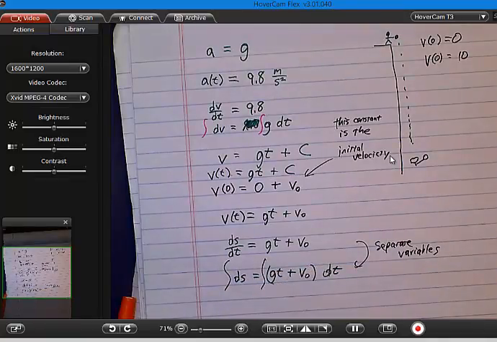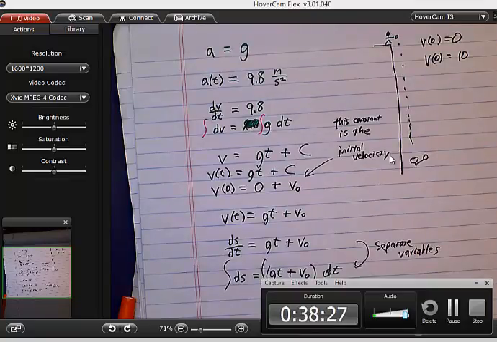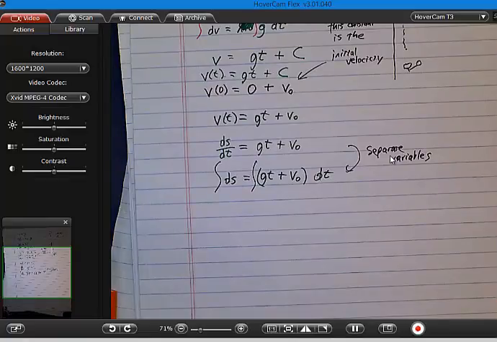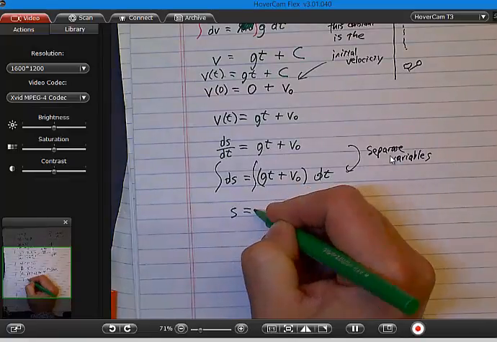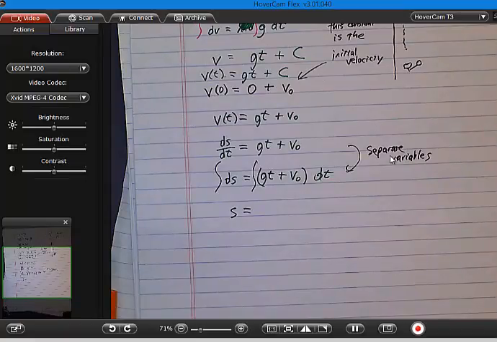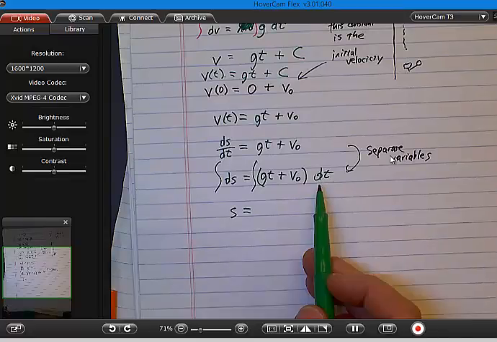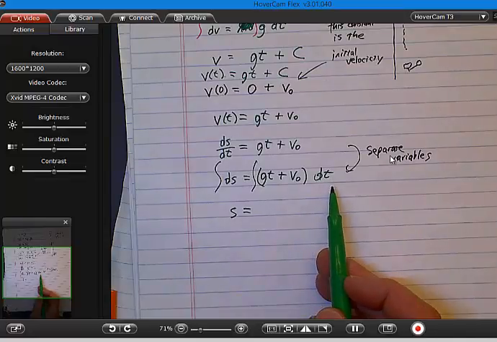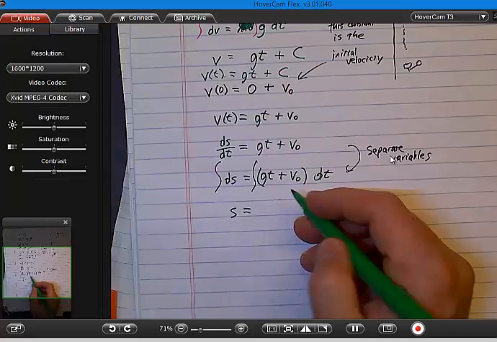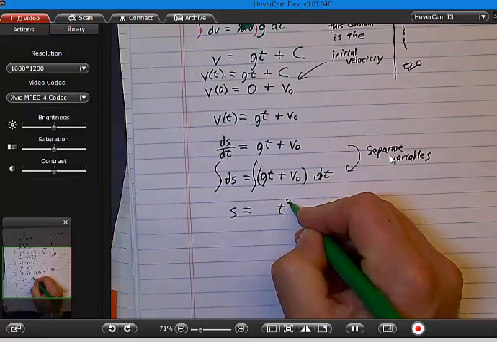Let's do this again. All right. Let's see if you guys can write down what we get next. I'll pause for just a second. So I get s equals. All right. What's going to be the antiderivative of gt? Well, remember what the variable is. The variable's t. G is a constant. So the t is going to become a t squared.